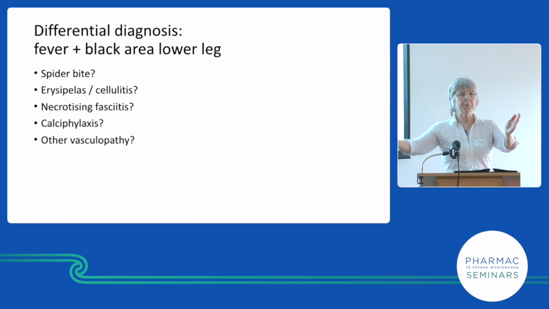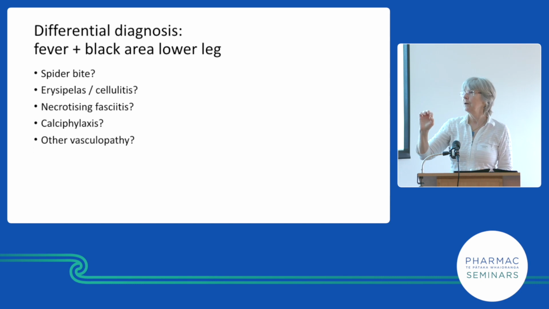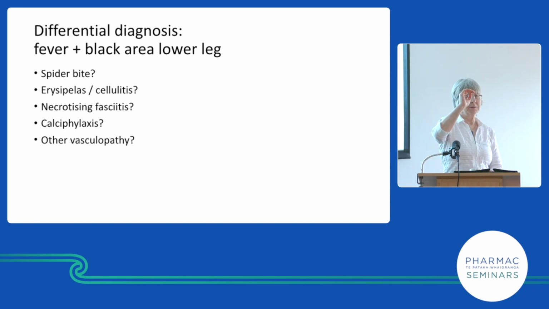You develop antibodies to that, so you've got an immune complex between your strep and your antibody. That immune complex lands in a vessel, blocks the vessel, inflames the vessel, and causes a palpable purpura. That can have the same effect. You've blocked the blood vessel. There's no blood supply to the skin. It goes black.